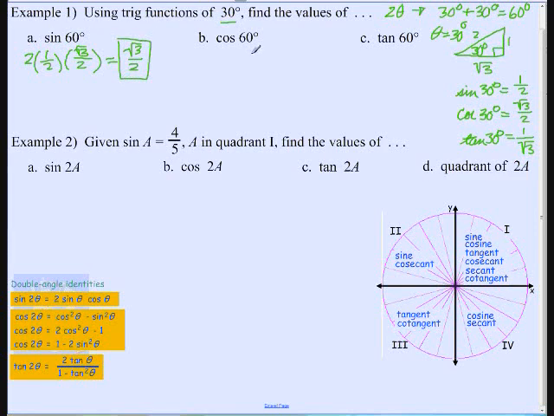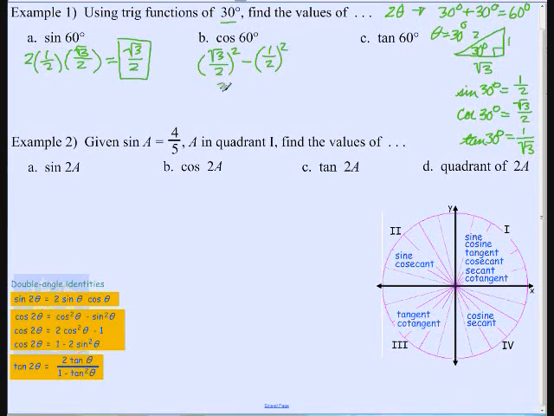Cosine of 60 degrees. Now, I've got a negative here. You start with cosine and then you subtract sine. Cosine squared, subtract sine squared. So this one is going to be cosine squared, square root of 3 over 2 squared, minus sine of single theta squared.